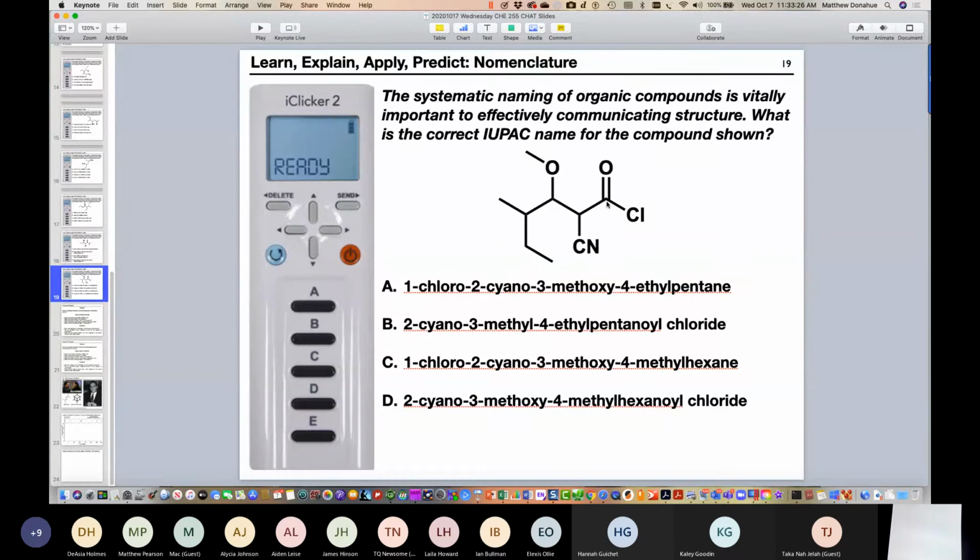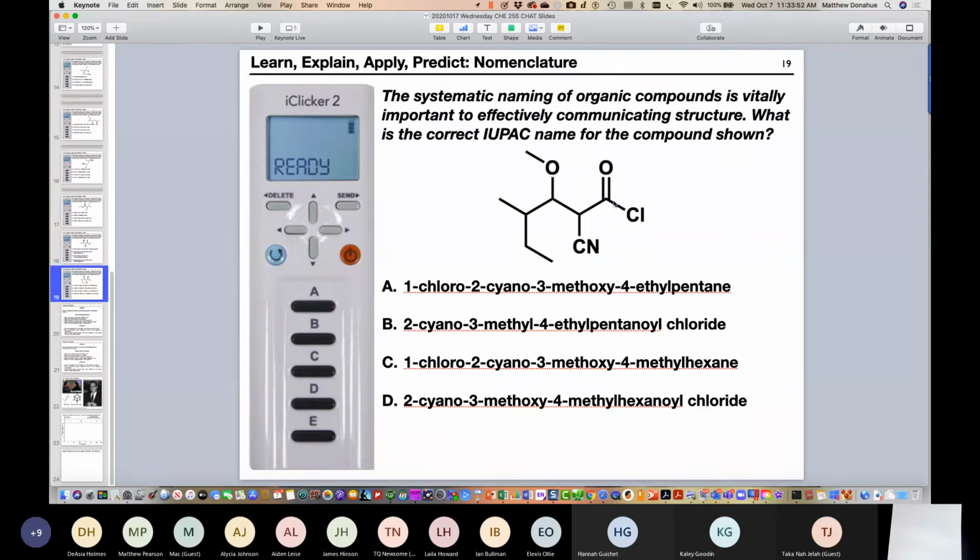Again, oxidation state 3, it's at the terminal. It has to be included in the longest carbon chain. So we have 1, 2, 3, 4, 5, 6. That's hexane. We drop the E, we add OYL, hexanoyl chloride.